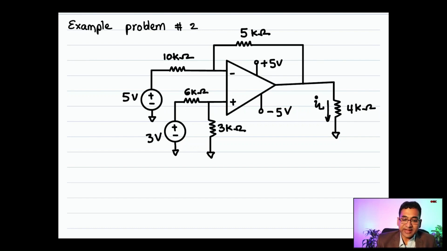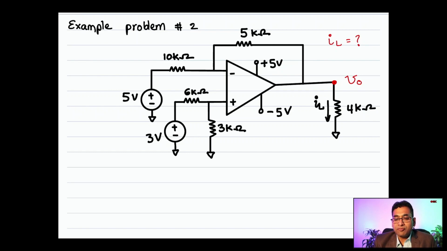The question is, find the value of IL. In example 1, we were asked to find the value of Vo, the output voltage. Here, we are asked to find the value of current, which are essentially the same. Think about it.